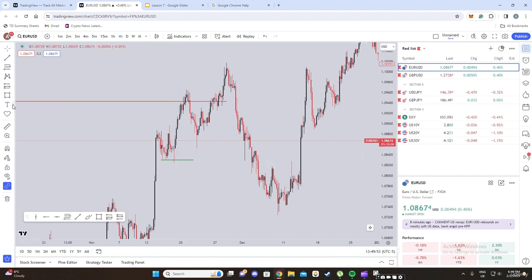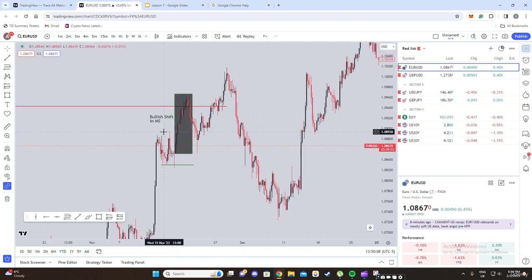And here we get our displacement with this move taking out these equal highs, giving us our bullish shift in market structure. So now there's two things of the criteria which have been met. The liquidity being taken, followed by a displacement, which gives us our bullish shift in market structure.